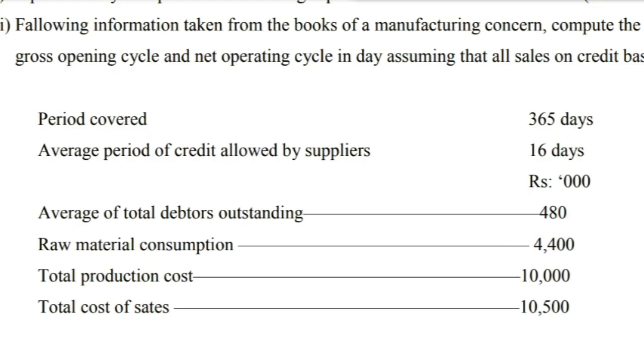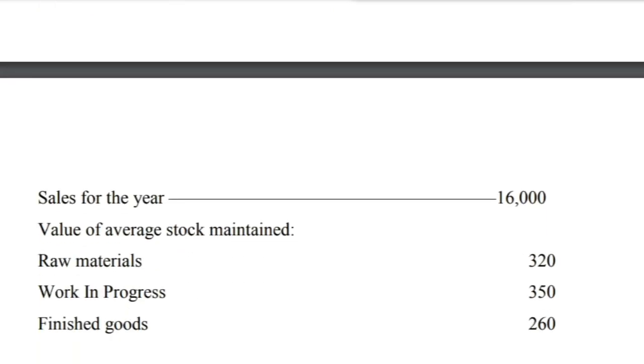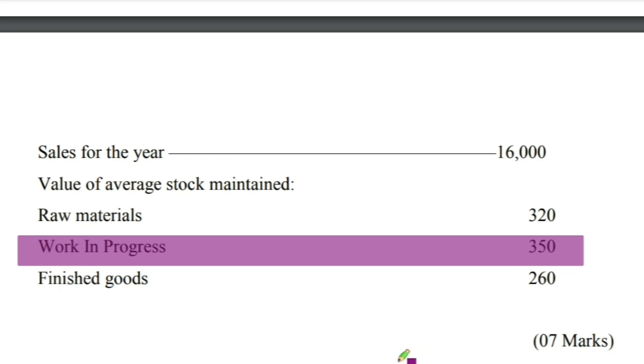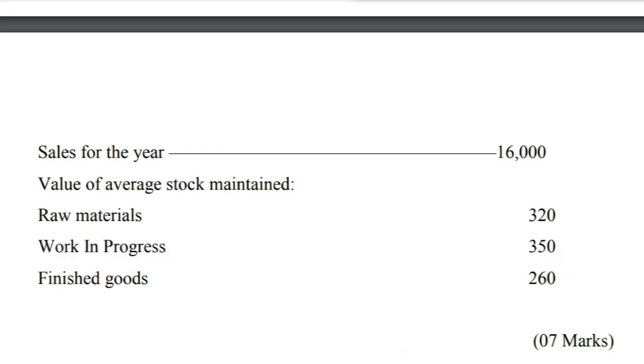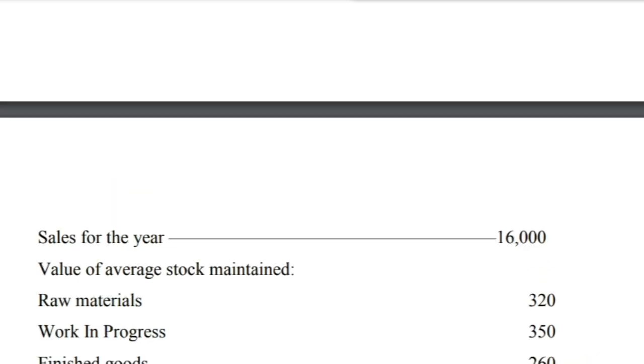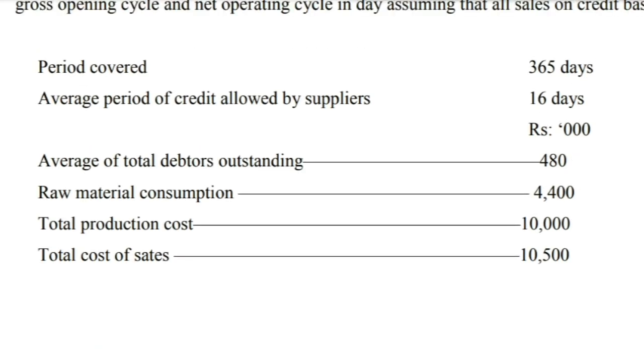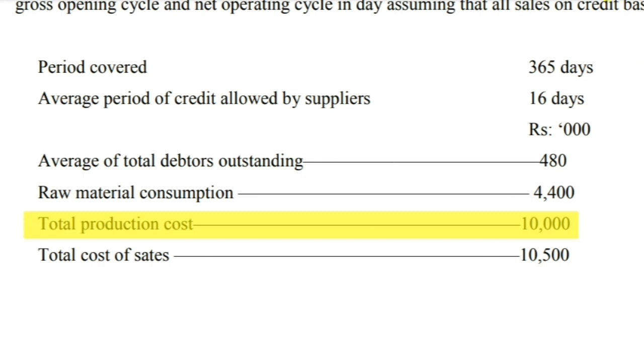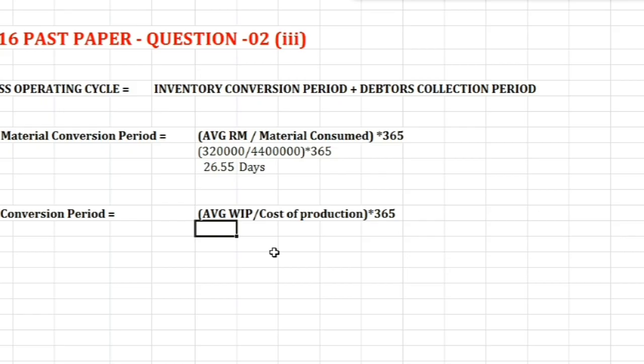In this question, average work in progress is given, 350,000, and also cost of production is given, total production cost 10 million, and period covered 365 days. Therefore, we can calculate the work in progress conversion period.